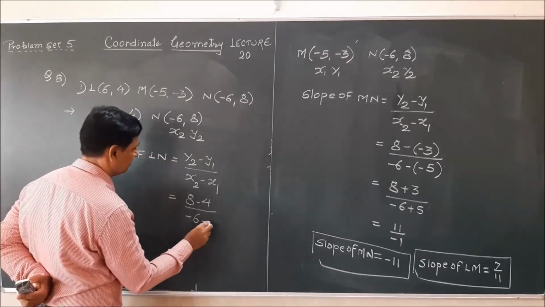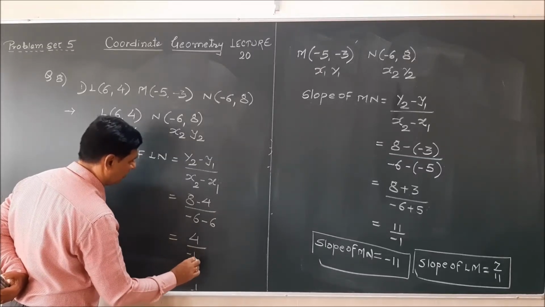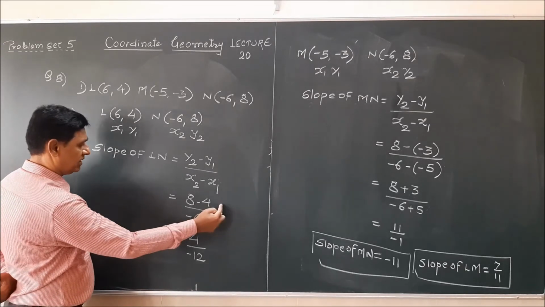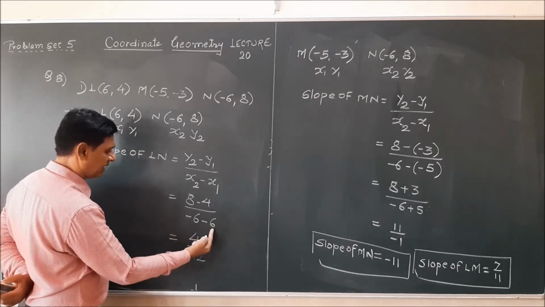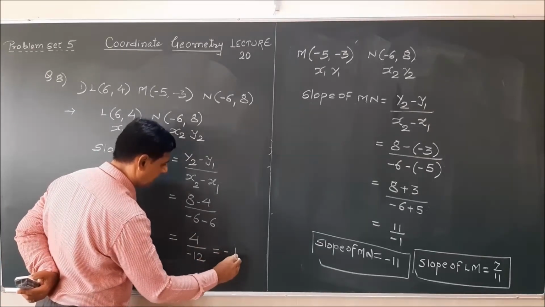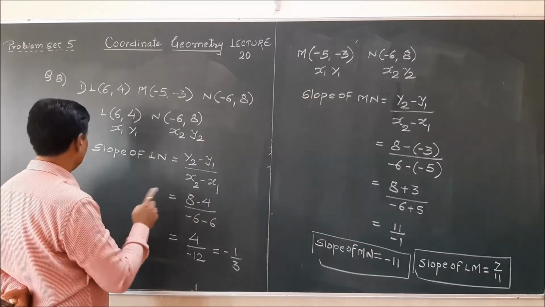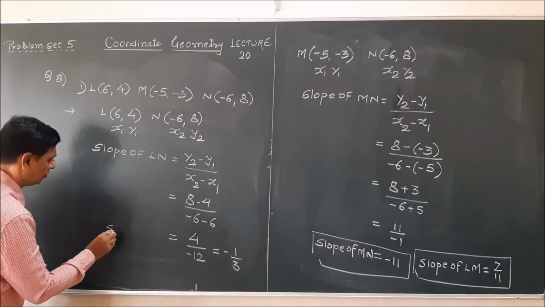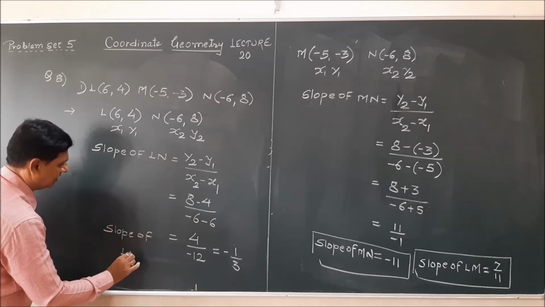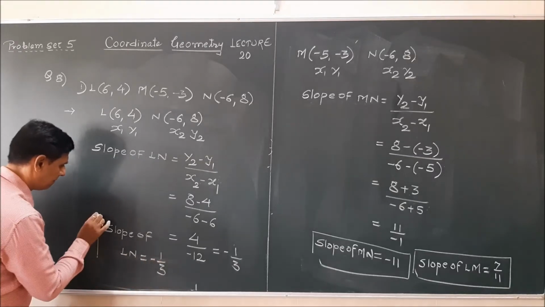Correct? 8 minus 4 is 4, upon minus 6 minus 6, which is minus 12. So that gives us minus 1 upon 3. Right? So you will find that slope of LN is equal to minus 1 upon 3.